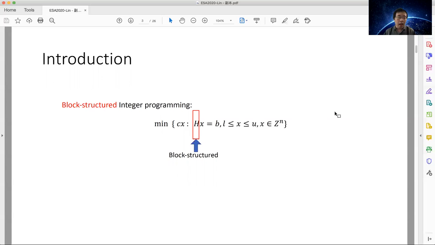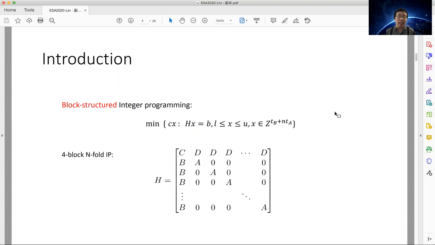And here, by talking about block-structured integer program, I mean the constraint matrix H has a block structure. And what is exactly a block structure? I will be providing you with several examples later, but at the beginning, let me just be straightforward.